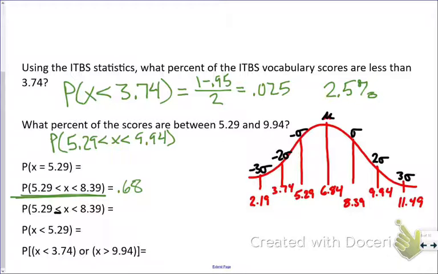And then right below the one I answered, 529 less than or equal to x. So I like to think of it as geometry. The definition of a point is that it has no width at all. And I'm finding area. Yes, there is a chance that someone scored 529. But in terms of area, 0.